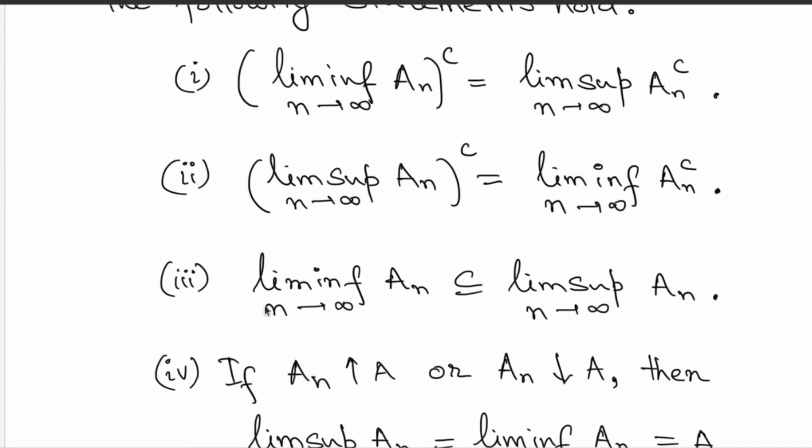That means we are getting this property that limit inferior of An is a subset of limit superior. Again, from the discussion that we have done for limit superior and limit inferior, you can immediately check this. So check that if a point is in limit inferior, you can immediately show that it actually belongs to limit superior also. Therefore, limit inferior is a subset of limit superior.